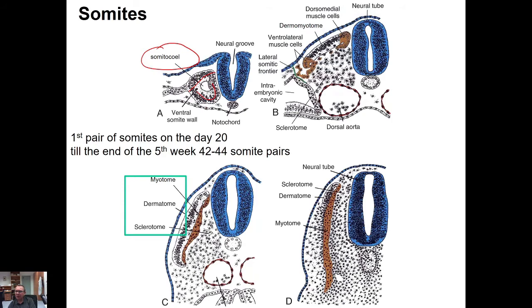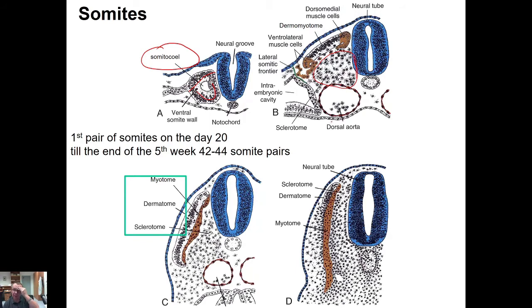The laterodorsal wall is preserved longer. Its epithelial structure is preserved longer, but the ventromedial wall becomes mesenchymal tissue very early. You already know mesenchyme. What is it? Mesenchyme is a primitive connective tissue, embryonic connective tissue.